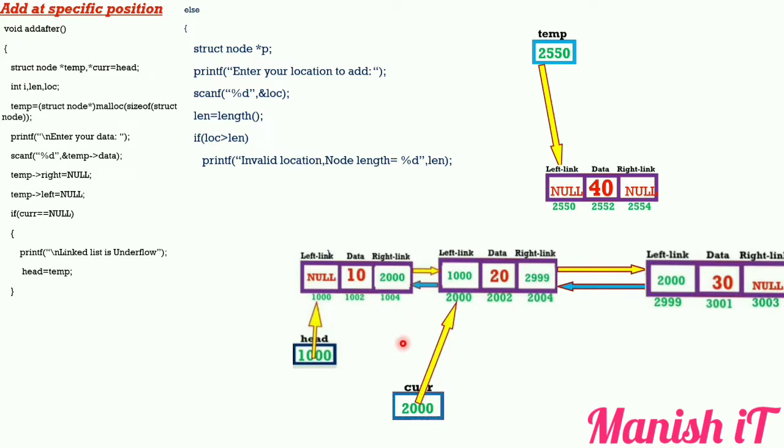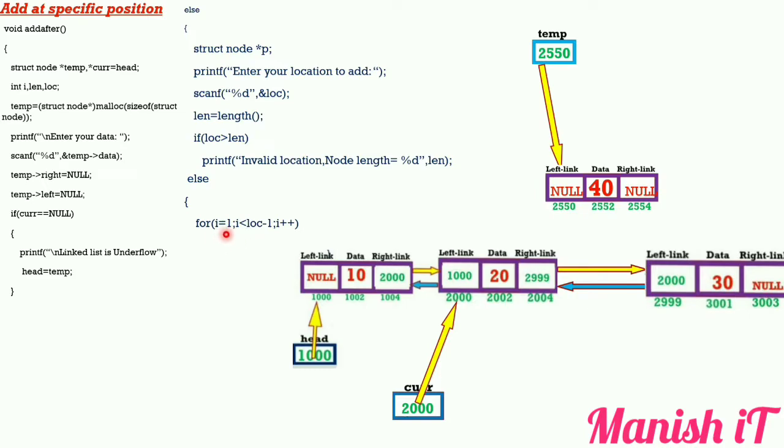How is it written in our program? For this else part, for moving current, our logic is a for loop. Here I am using a for loop; you can also use a while loop.